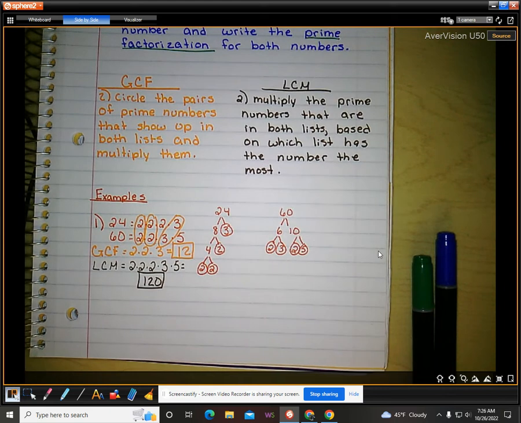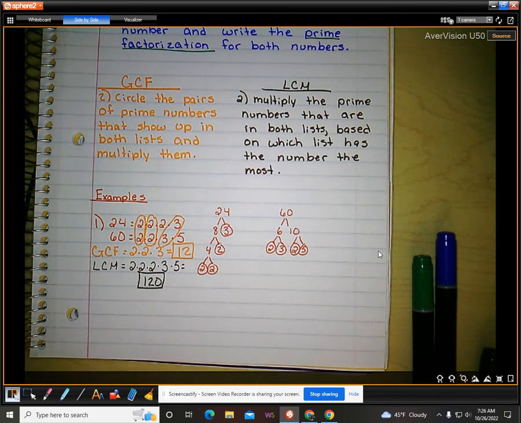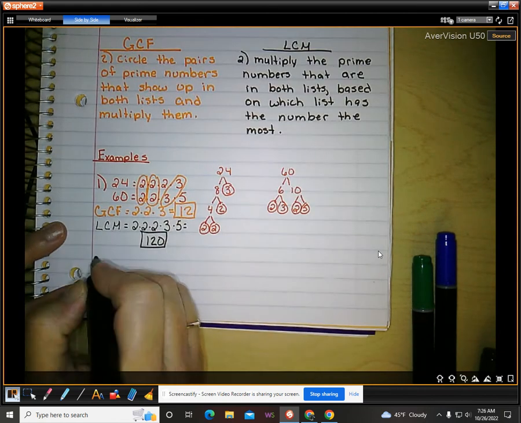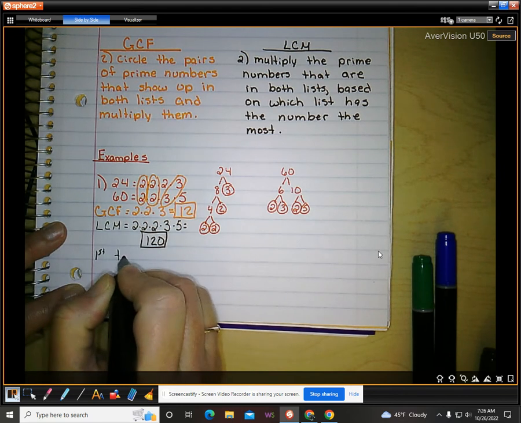So then your assignment for today, what you're going to work on is, first thing you need to do is take a picture of your notes.